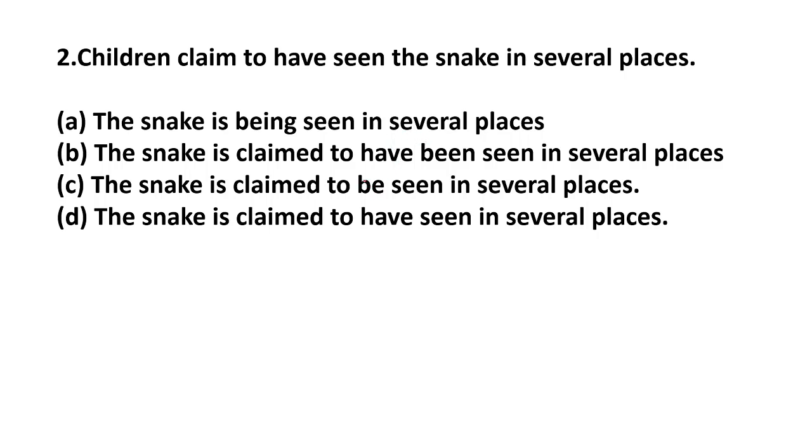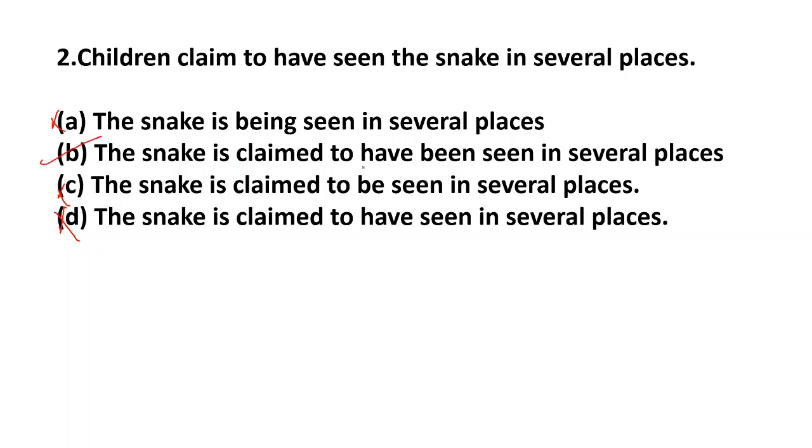Claim is there, so this is not at all correct, option A. Now option B, the snake is claimed to have been seen in several places. The snake is claimed to be seen in several places. This also cannot be correct. The meaning has to be the same.